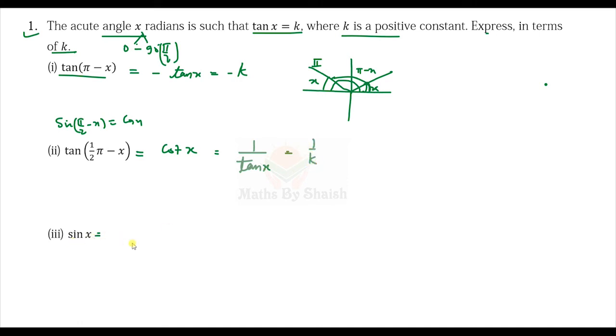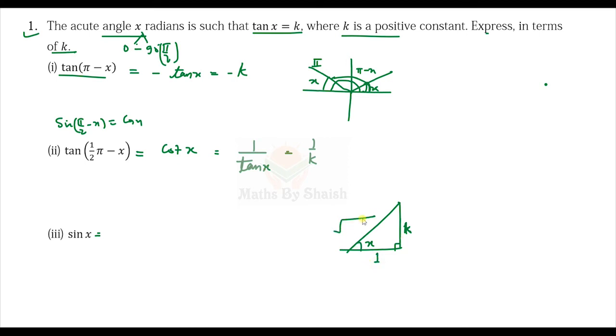So now we need to find sine x. First of all, we'll draw a right angle triangle for which this angle is, let's say, x. Since tan x is k, we can take the opposite side as k if the adjacent side is unit 1. Tan is opposite upon adjacent, k upon 1.